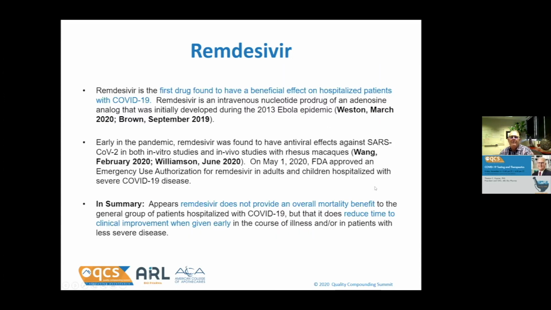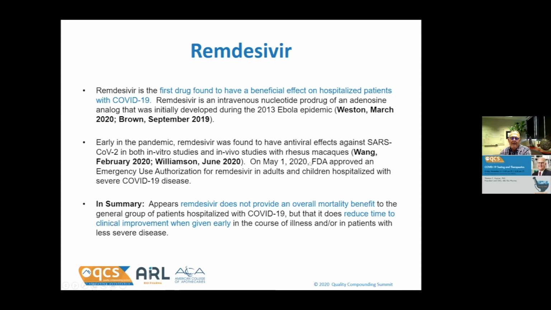Okay, generally, there are 3 bullets I wanted to bring out about remdesivir. It's the first drug found to have a beneficial effect on hospital patients with COVID-19. Early in the pandemic, remdesivir was found to have antiviral effect against SARS-CoV-2 in both in vitro and in vivo studies with rhesus macaques, and that was well cited in multiple places.